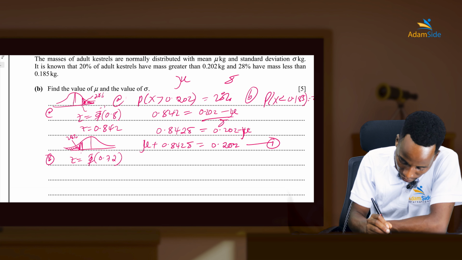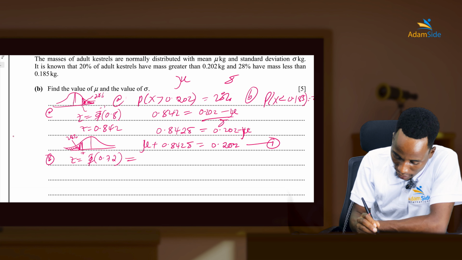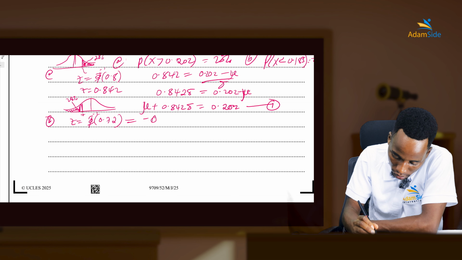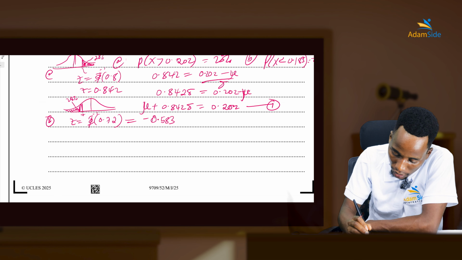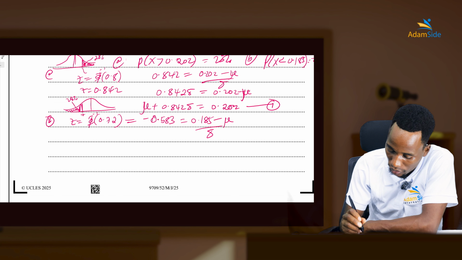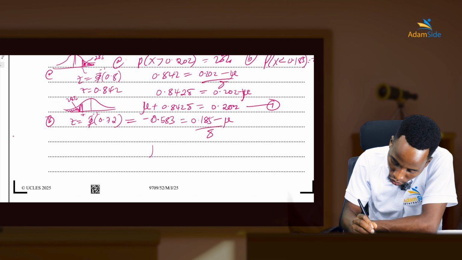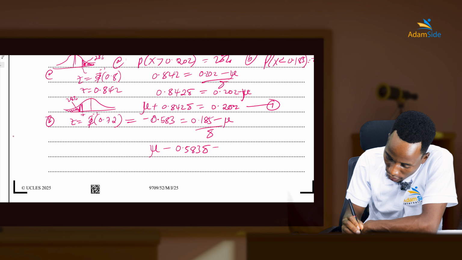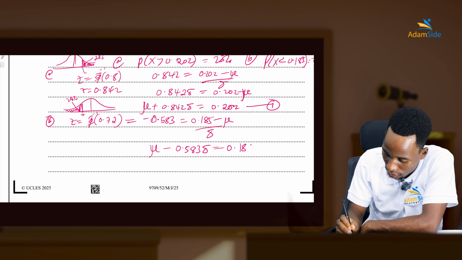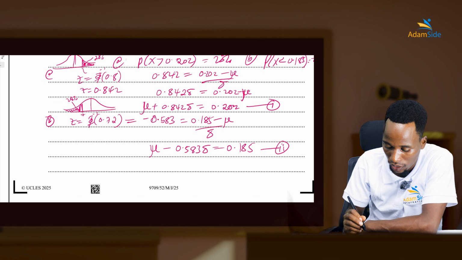If we standardize, it is negative, so the inverse has to be negative, negative 0.583. Then if we standardize, X value is 0.185, take away the mean, over the standard deviation. Multiplying by the standard deviation, it ends up mean take away 0.583 standard deviation equals 0.185. That is the second equation.